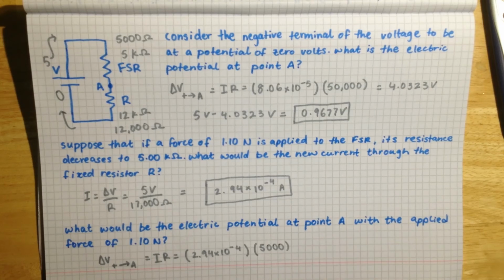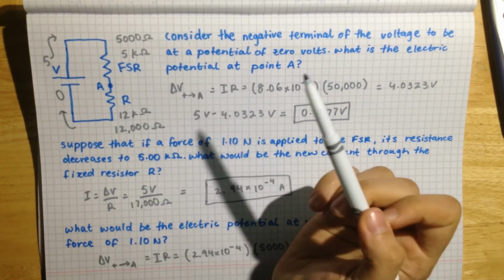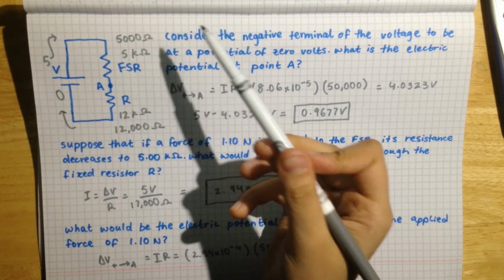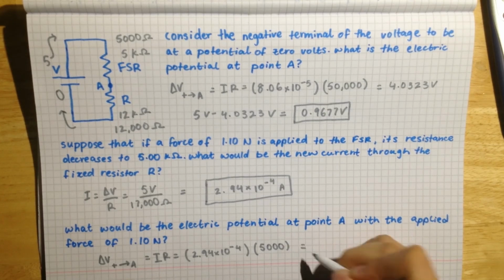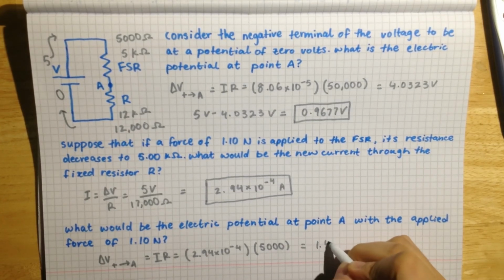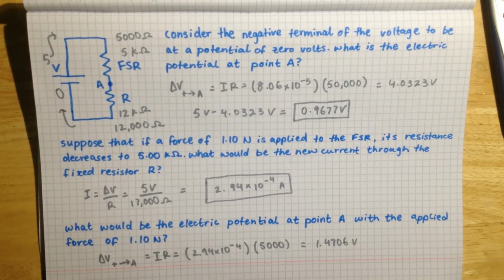Because this point A is just after the FSR, and the new value of the resistance at FSR is 5,000 ohms, or 5 kiloohms. So we can multiply these two numbers in the calculator and we get 1.4706 volts. And again, this is not our final answer.